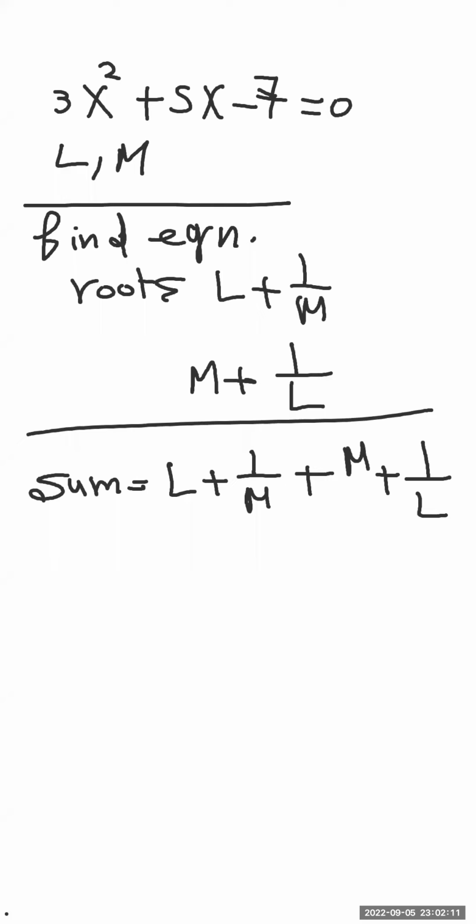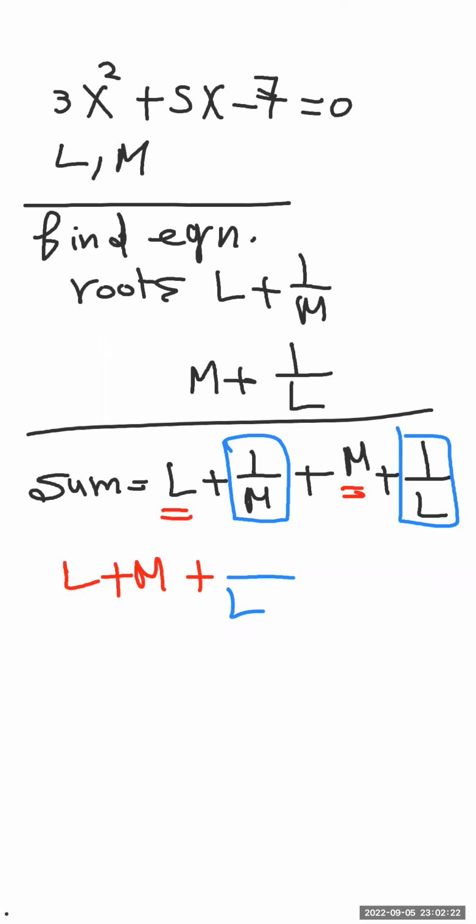Now, add these two. L plus M, plus unify the two denominators for the fractions: cross multiplication, L plus M over LM. Exactly.